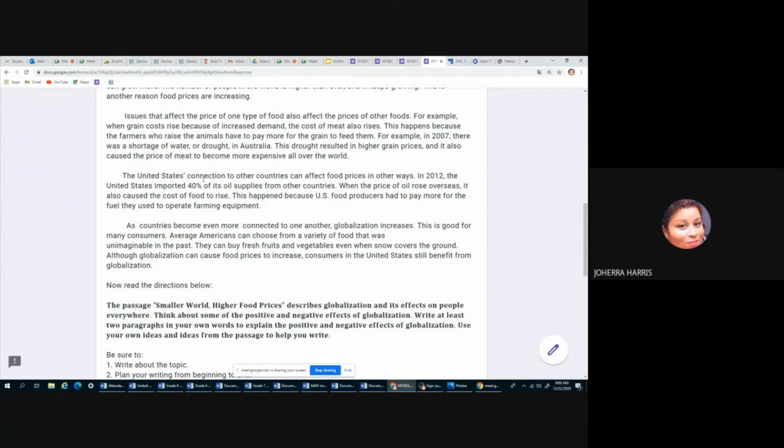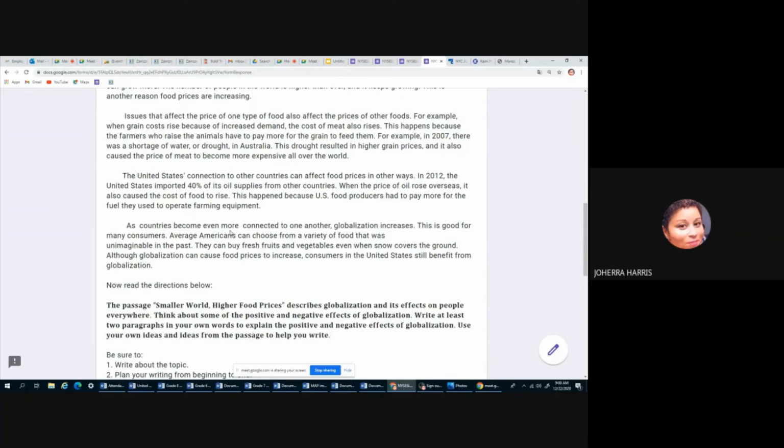The United States' connection to other countries can affect food prices in other ways. In 2012, the United States imported 40% of its oil supplies from other countries. When the price of oil rose overseas, it also caused the cost of food to rise. This happened because U.S. food producers had to pay more for the fuel they use to operate farming equipment.